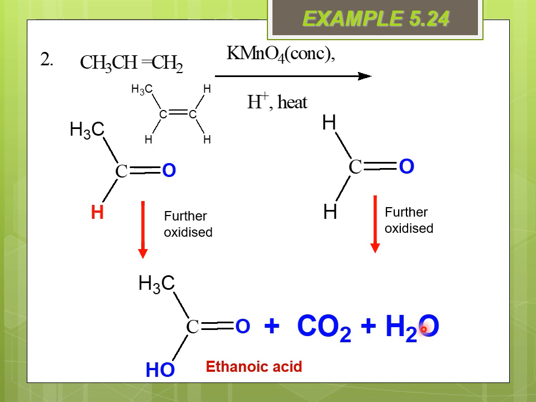It's not going to become methanoic acid, but it is going to become carbon dioxide and water. So the products for the oxidation of propene using acidic potassium permanganate with heat are ethanoic acid, carbon dioxide, and water.